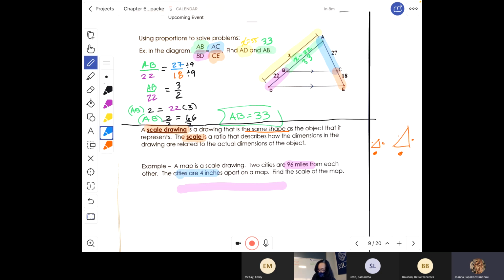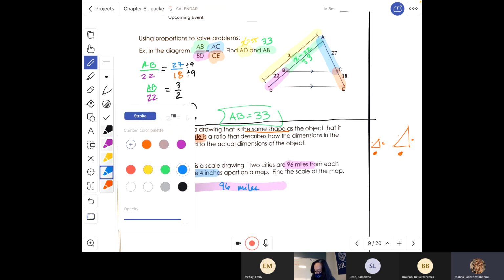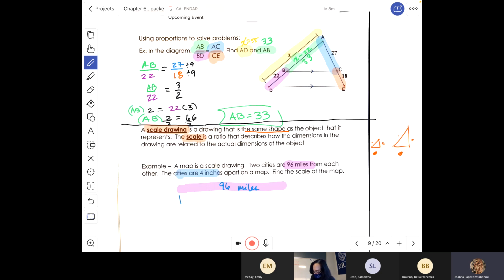So while this may be 96 miles, it is represented in terms of 4 inches. Does that make sense? They're obviously not going to put 96 miles on a map. You never have a map big enough to do it. So they put it in a little scale.